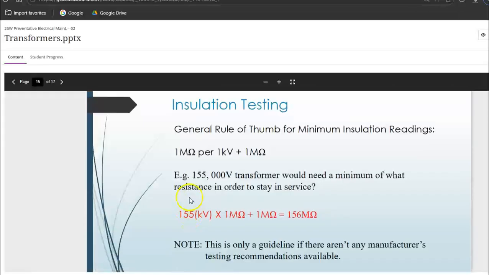The rule of thumb for insulation on transformers is 1 megohm per kilovolt, plus 1 meg. Example, and this was in Lab 1, 155,000 volts would need a minimum of what to stay in service? Well, 155 kV equals 155 megs, plus 1 extra, that's 156 megs.